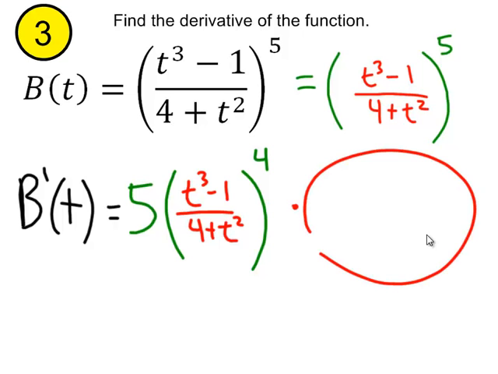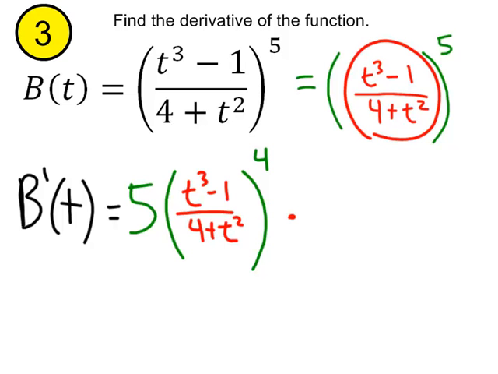So let's go ahead and launch on into the quotient rule here. Taking the derivative of this, we're going to do the bottom, the denominator, times the derivative of the top.